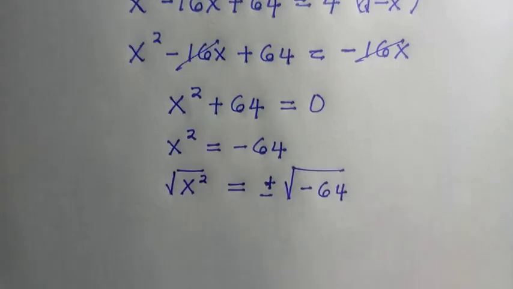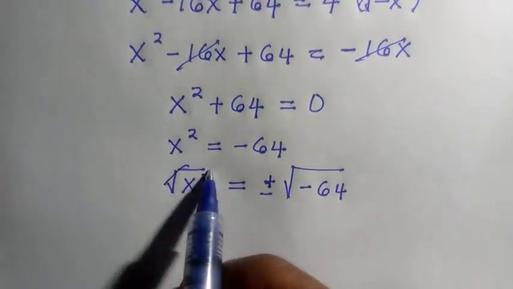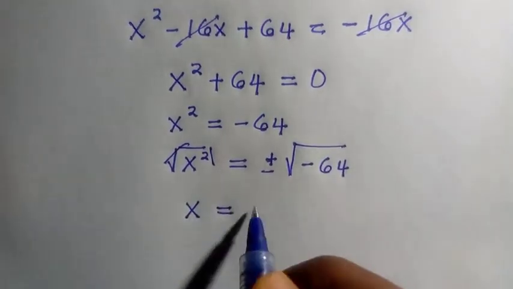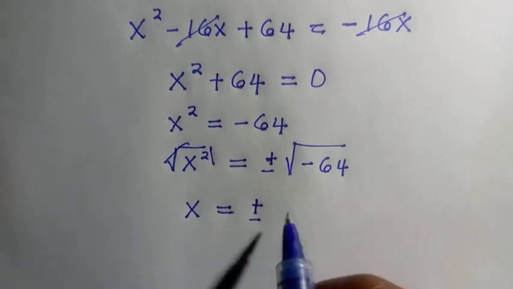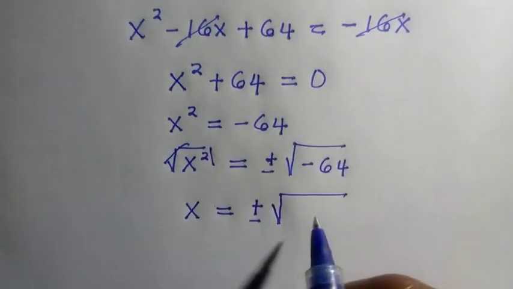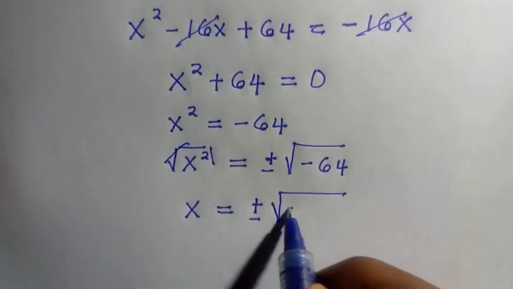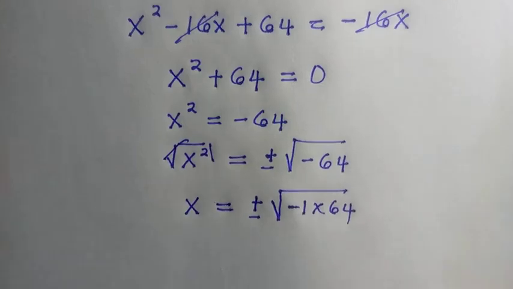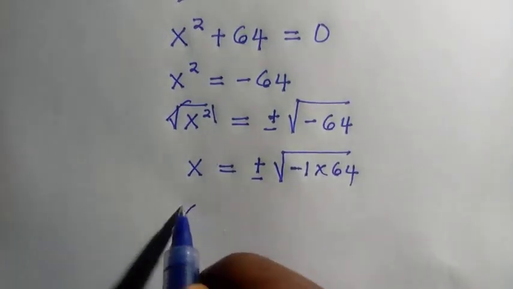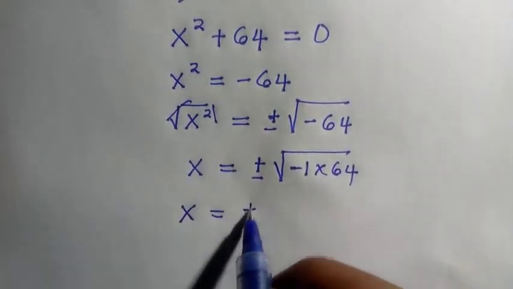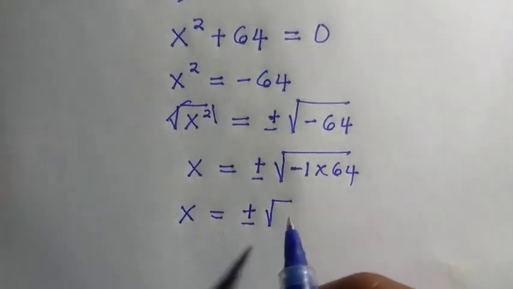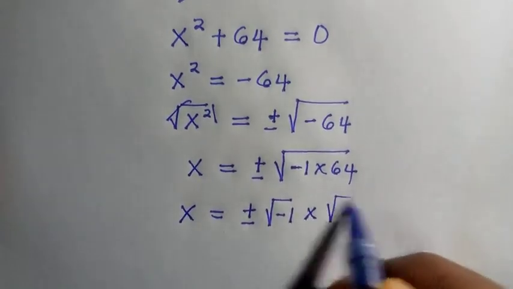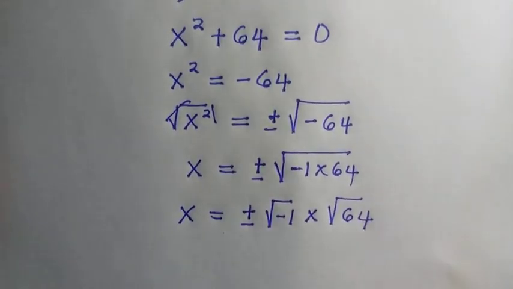So here we have this cancelled, as we have x equals plus or minus, we have to separate this as minus 1 multiplied by 64. And following the rule of surds, we can separate this as square root of minus 1, then multiply by the square root of 64.